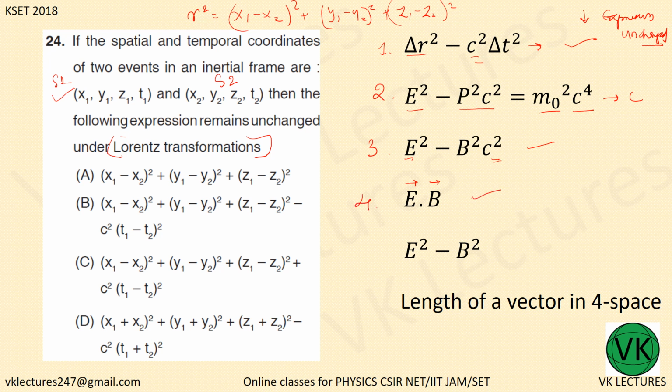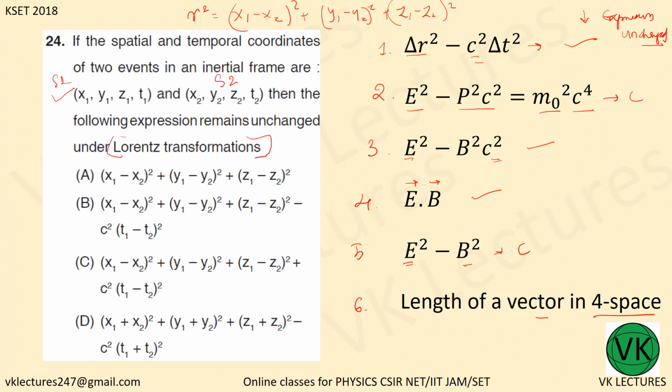Fifth one, E square minus B square, this is also a constant. Sixth one, the length of a vector in 4-space is also constant under this transformation.